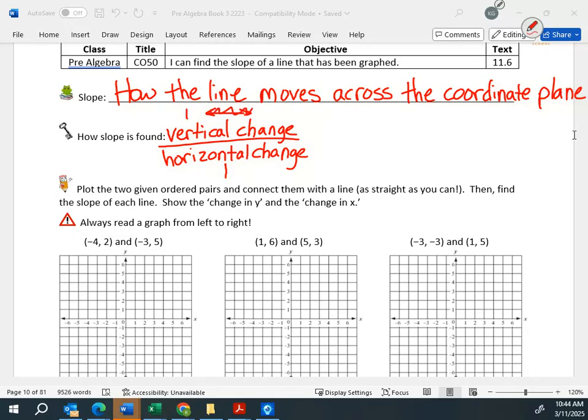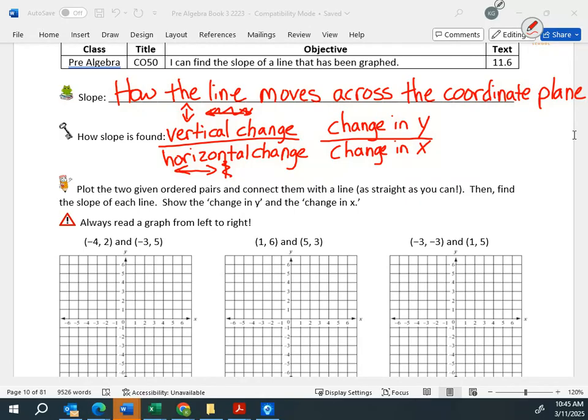Vertical is up and down, and horizontal is left and right. All right, so vertical is how many up and down we go. Horizontal is going across. So if we're talking about up and down, that is the y. So that is the change in the y, that y-axis, over the change in the x-axis.